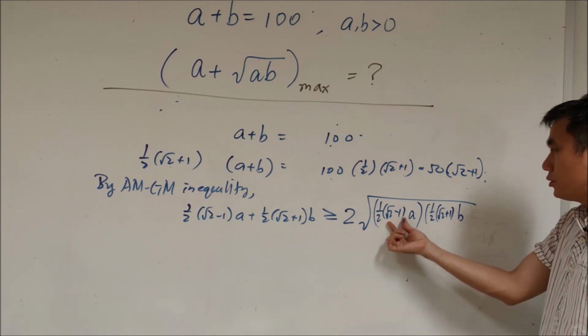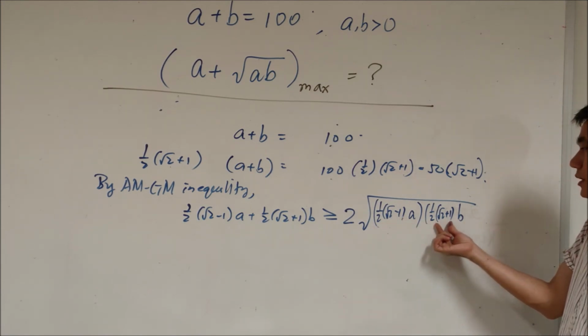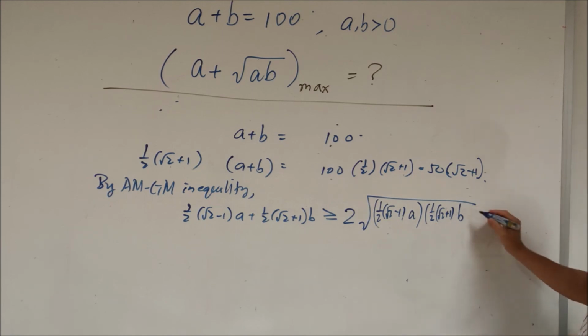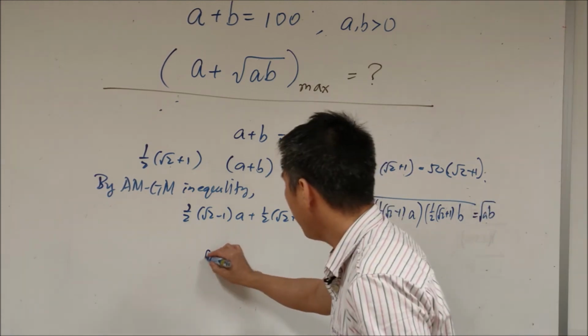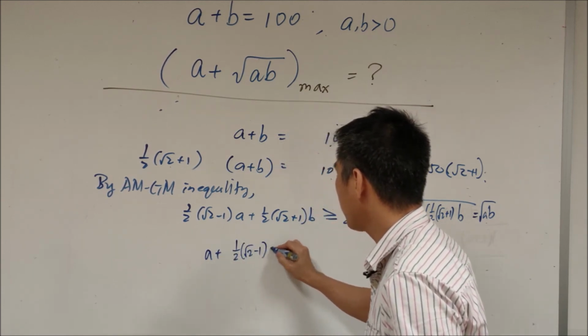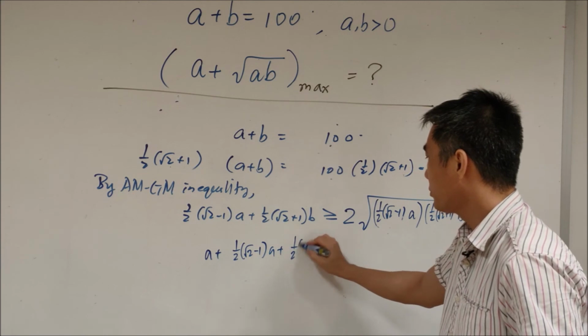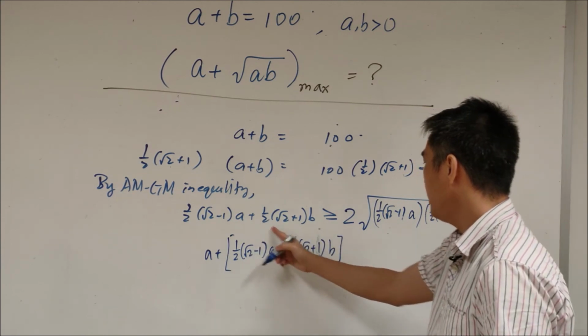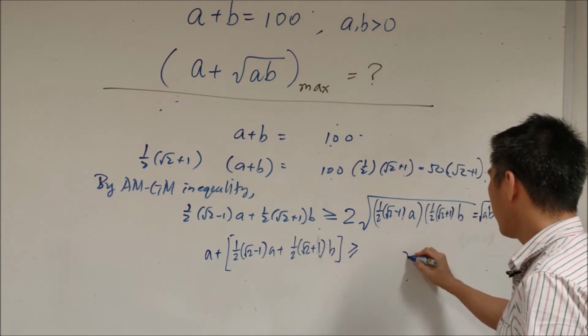The product of (square root 2 minus 1) and (square root 2 plus 1) gives 1. Therefore, this equals the square root of ab.